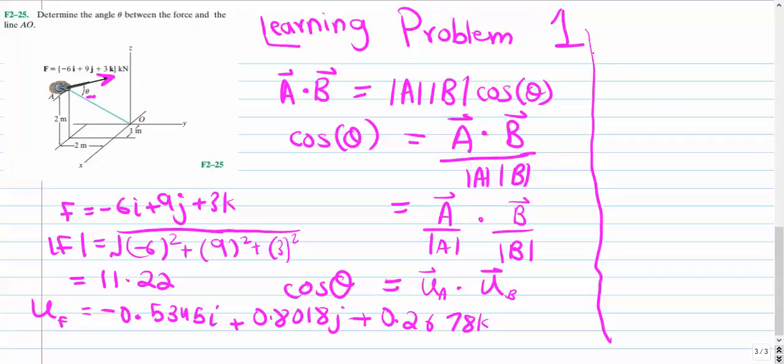For the other unit vector, we will first need to find the position vector in the direction of the line AO. So let's set up the position vector AO. Well, this vector is going to be negative 1i plus 2j minus 2k.